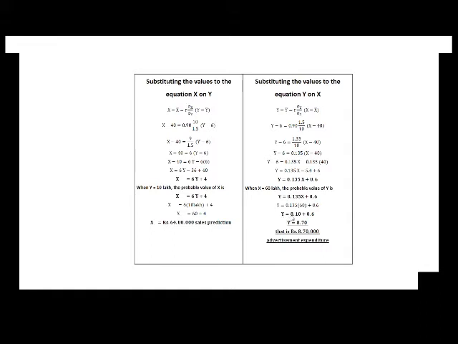Y is equal to 8.10 plus 0.6. Y is equal to 8.70. The figures are given in lakh, therefore rupees 8,70,000. That means whenever the sales is 60 lakh, the probable expenditure on advertisement is 8,70,000.